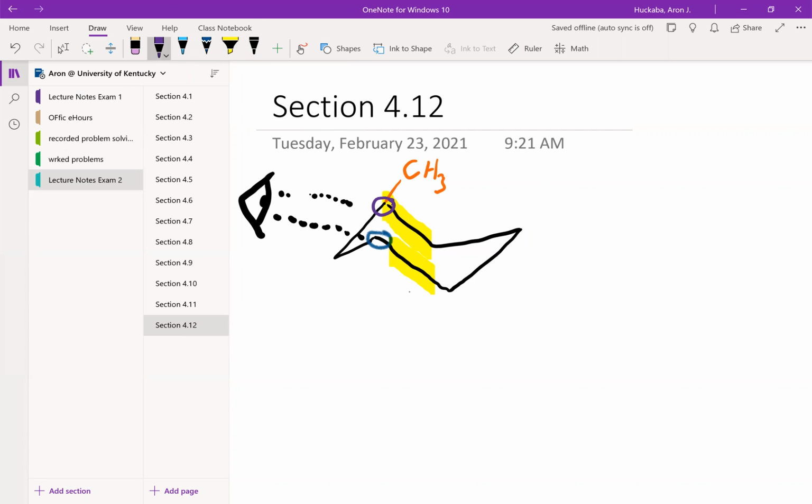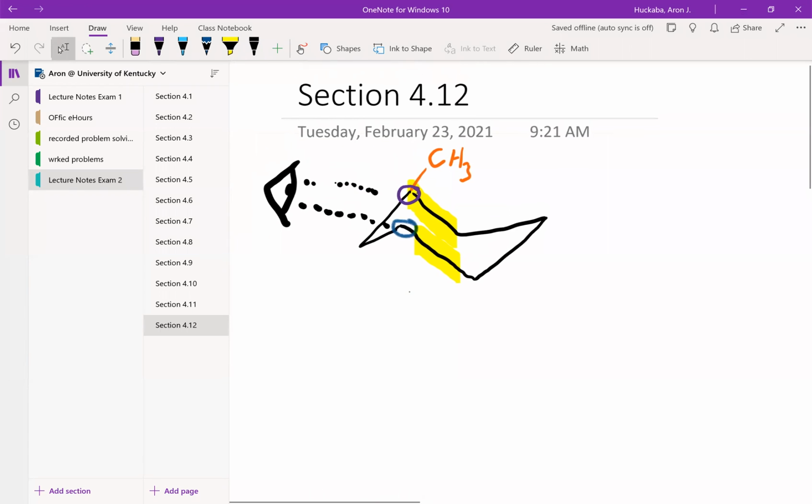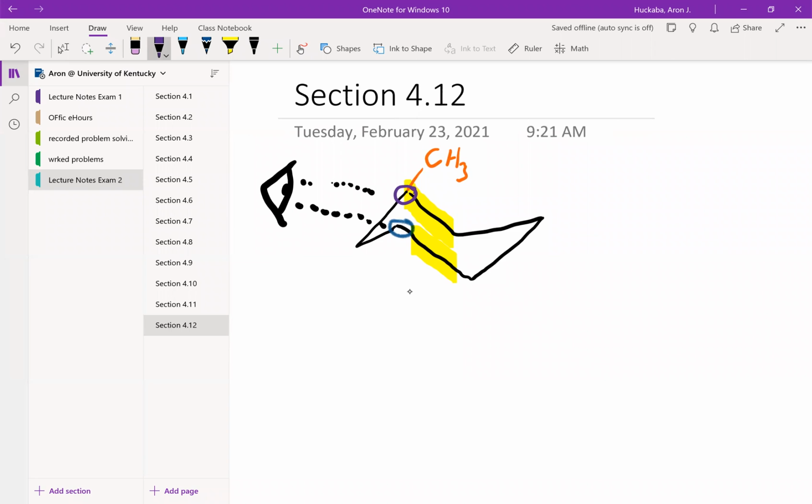Okay, so if we did that, then let's just draw right here these two carbons.